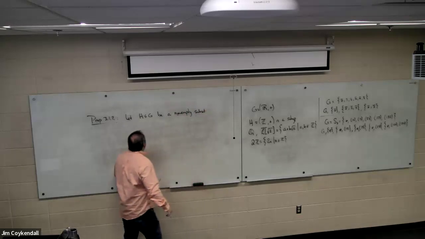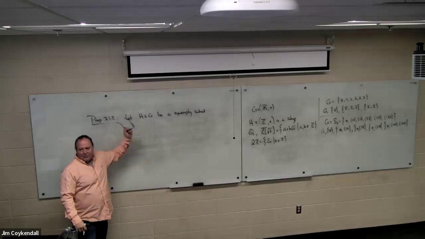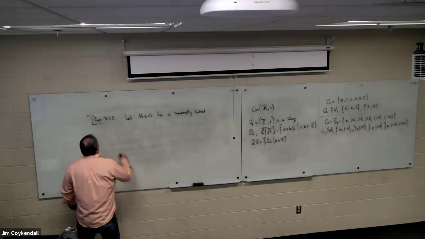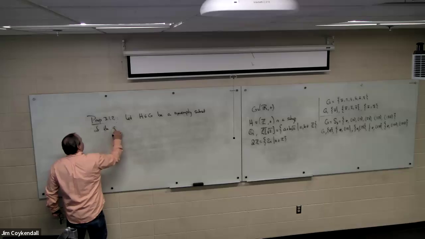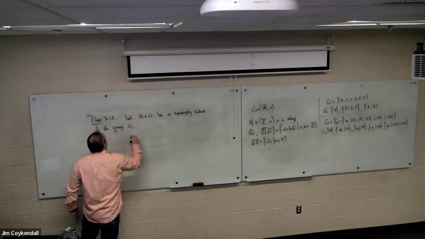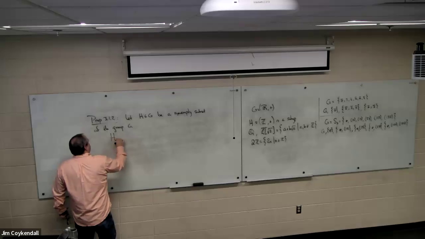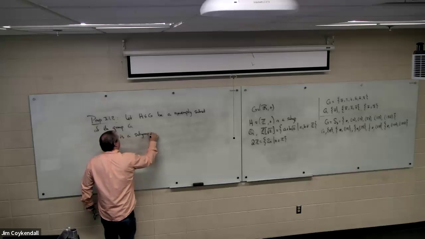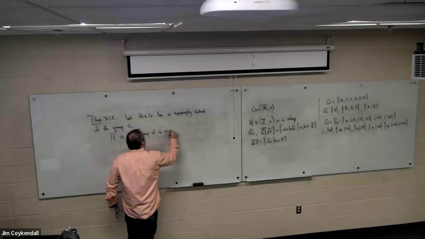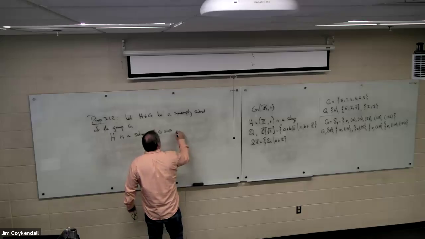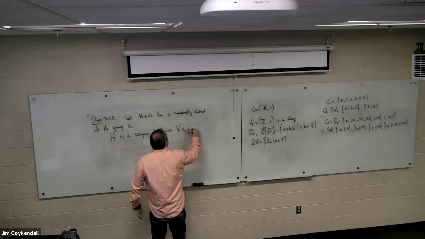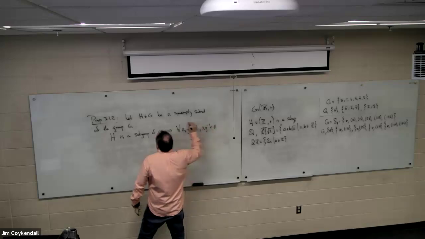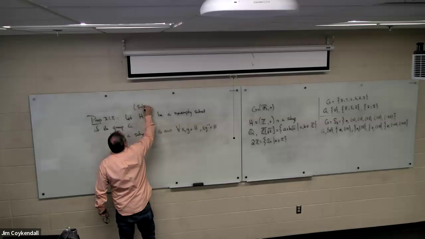I'm assuming here in this proposition that H is a non-empty subset of group G. Then H is a subgroup of G if and only if for all X and Y in H, X Y inverse is in H. And this is sometimes called the subgroup criterion.